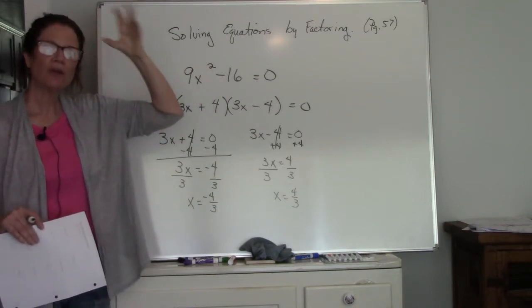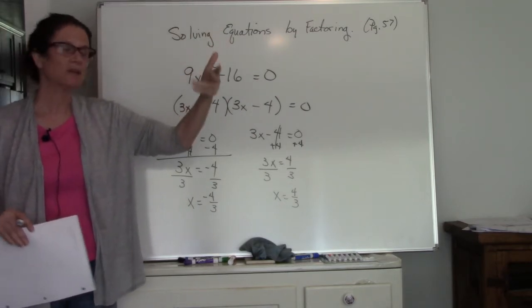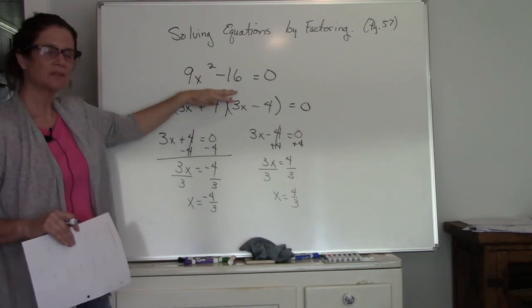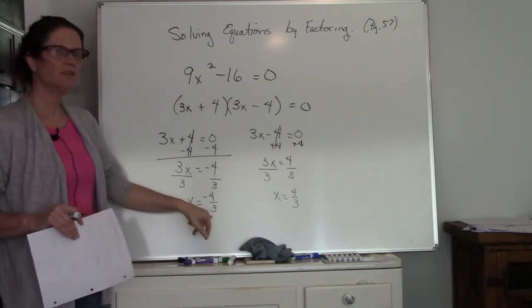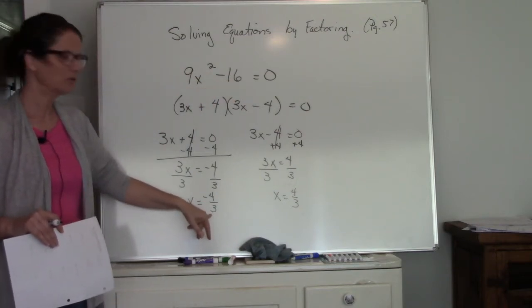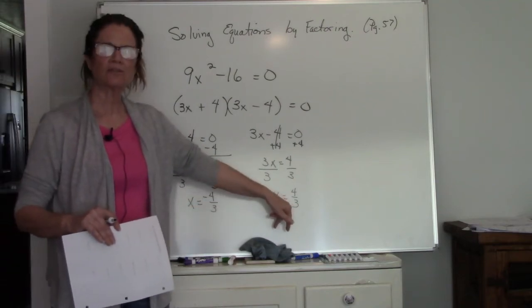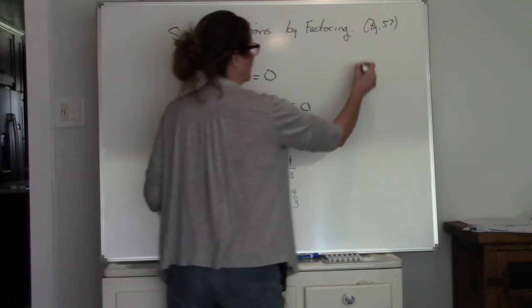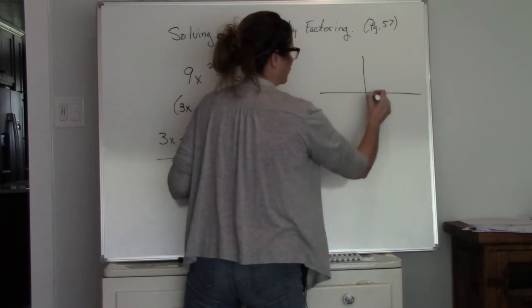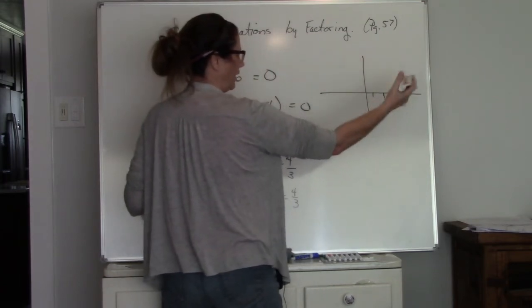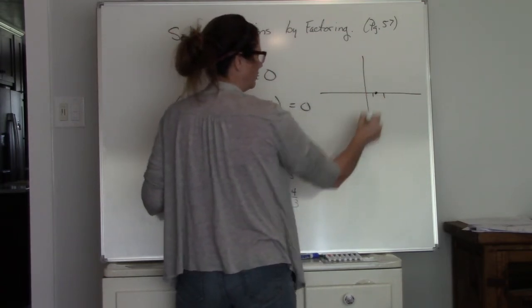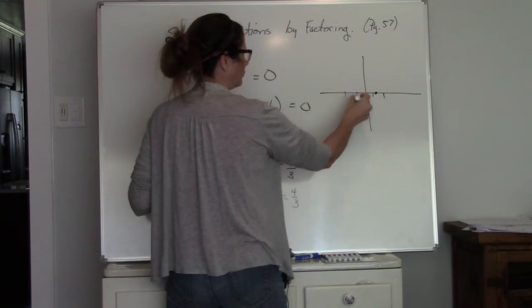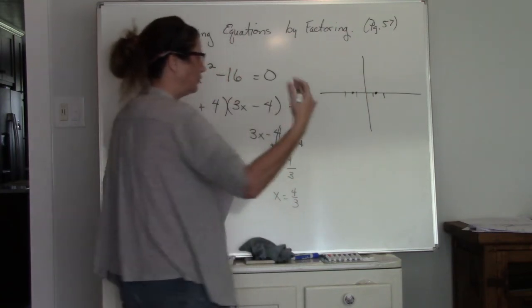So if you were to graph it, so remember, this is where we're going with this. If you were to graph this, you would have an x-intercept at negative 4/3 and another x-intercept at positive 4/3. So it would look like this. 4/3 is 1 1/3, so it's about there. Negative 4/3 is negative 1 and a little bit more.